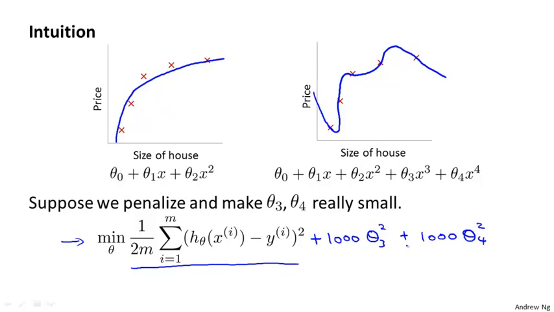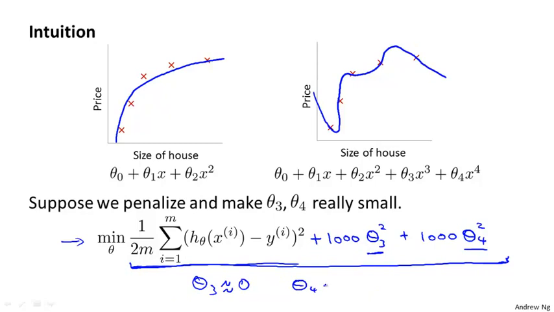Now, if we were to minimize this function, the only way to make this new cost function small is if theta 3 and theta 4 are small, right? Because otherwise, if you have 1000 times theta 3, this new cost function is going to be big. So when we minimize this new function, we're going to end up with theta 3 close to 0 and theta 4 close to 0. And that's as if we're getting rid of these two terms over there.